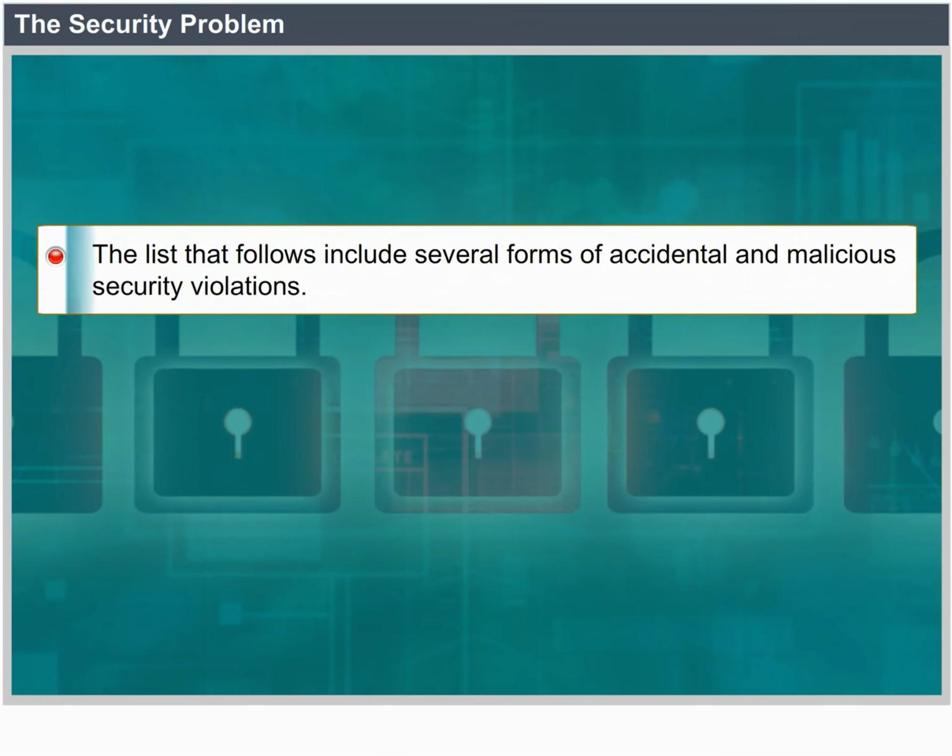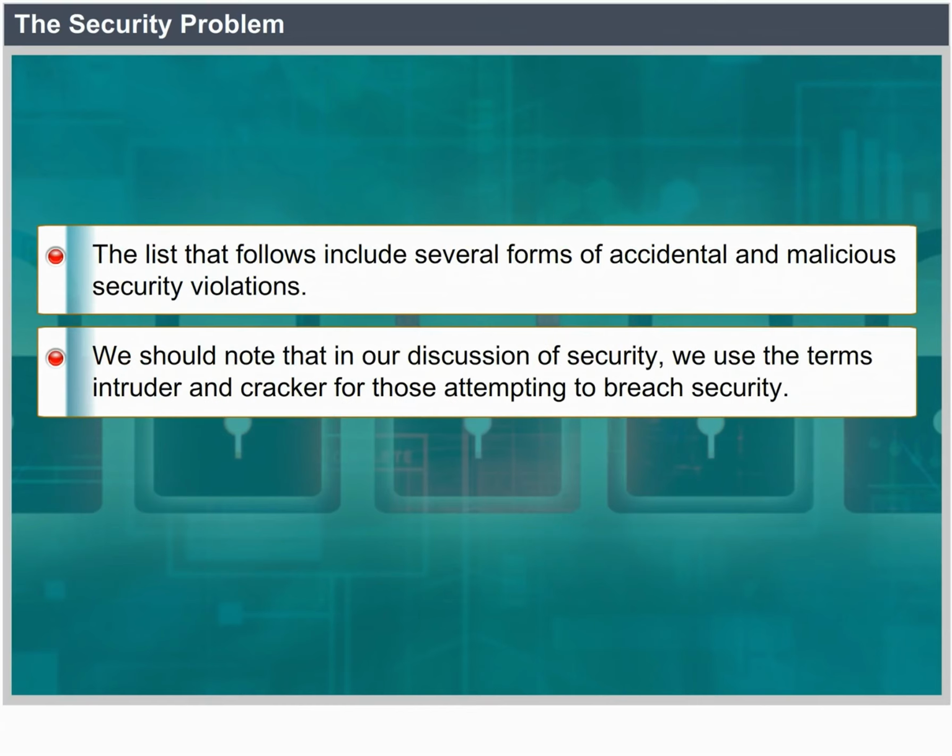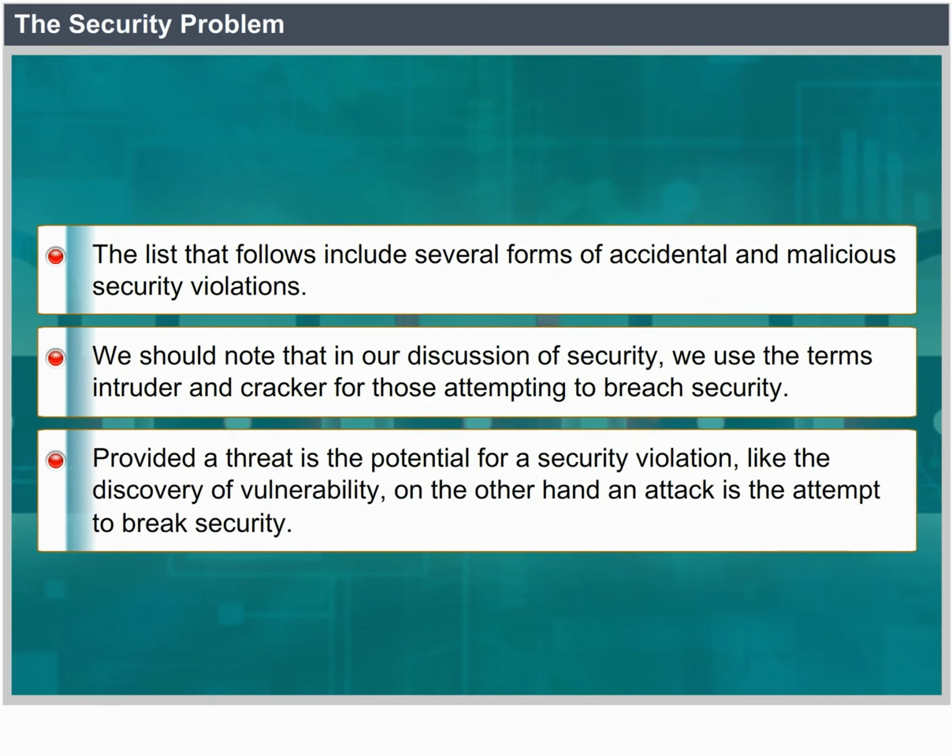We should note that in our discussion of security, we use the terms intruder and cracker for those attempting to breach security. In addition, a threat is the potential for a security violation, such as the discovery of a vulnerability, whereas an attack is the attempt to break security.